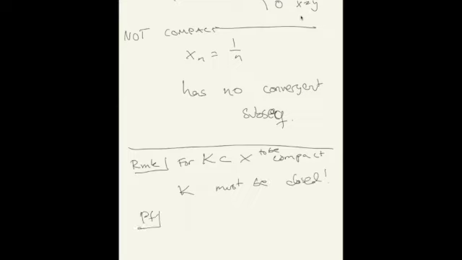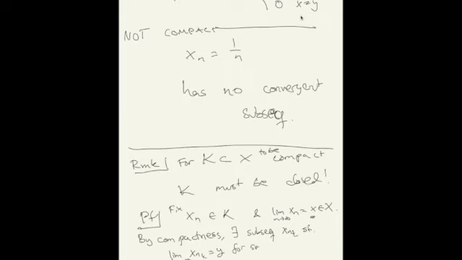Well, proof of this: if you have xn in K and the limit as n goes to infinity of xn is equal to x, which belongs to X, well, we want to show that x is also in the subset K. By compactness, there exists a subsequence x_nk in K such that the limit as k goes to infinity of x_nk is equal to y for some y in K, but y must equal x.